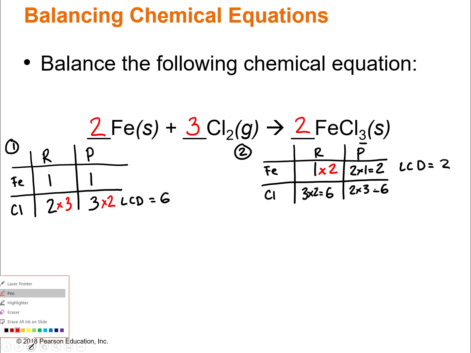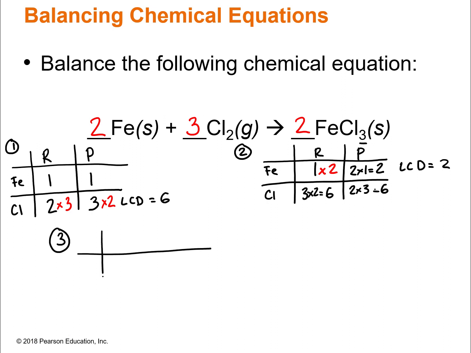You multiply the reactant side, the iron, by 2. Then we do our third box. This should be our last one because it looks like everything should be balanced. I've got 2 times 1, which gives me 2 of the irons.